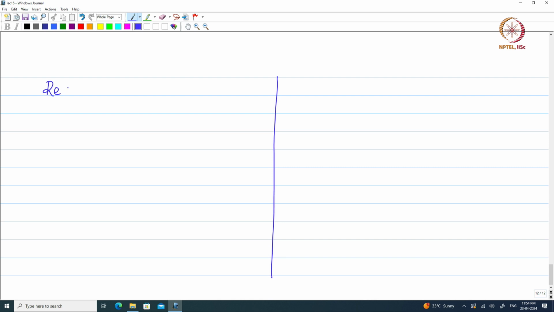So, reflection of the vector x about a line passing through the origin.